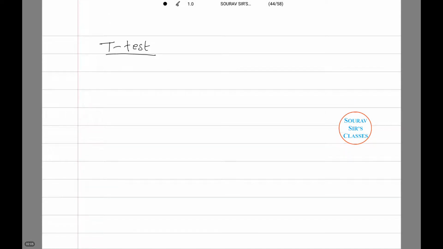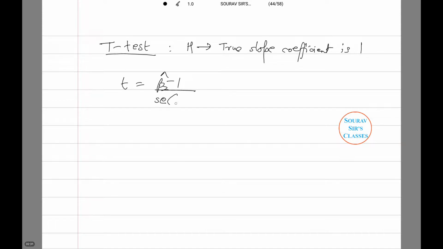Now we use the t-test for our hypothesis that the true slope coefficient is 1. That is, we obtain t equals beta 2 hat minus 1 by standard error of beta 2 hat.